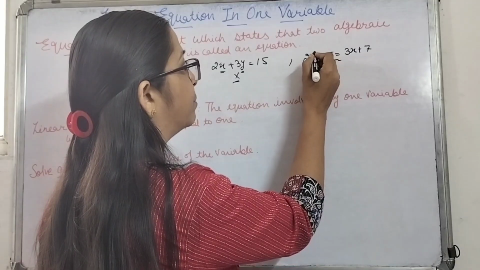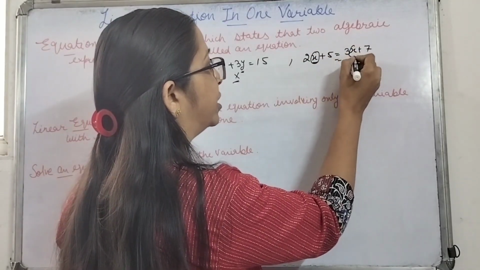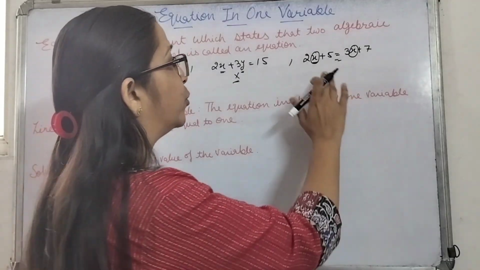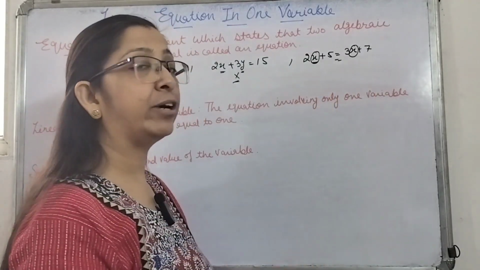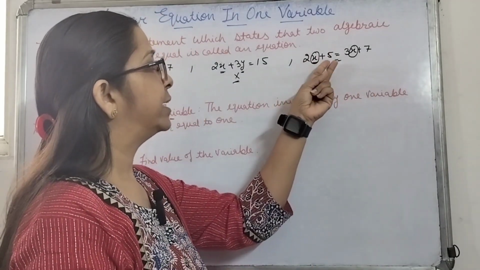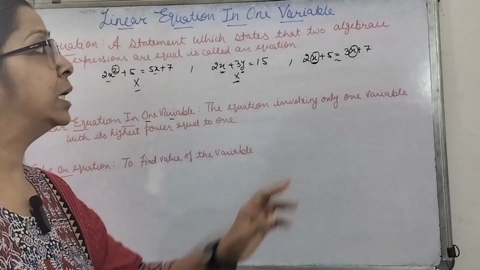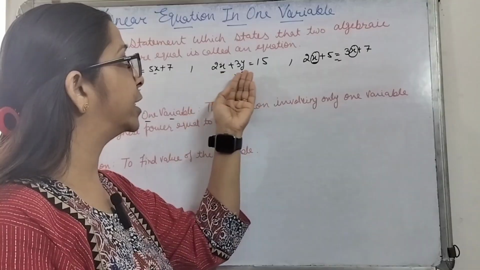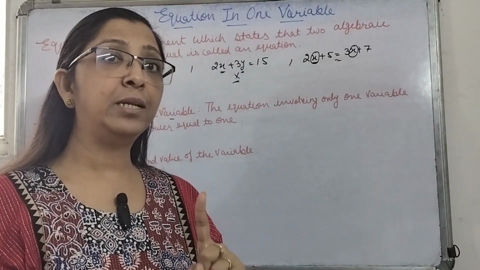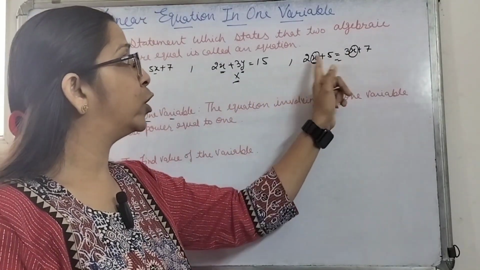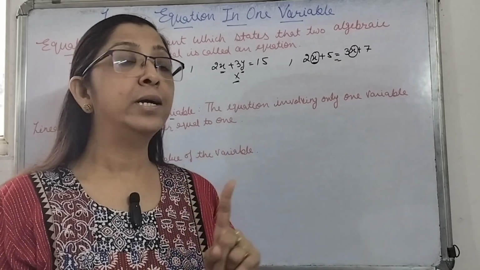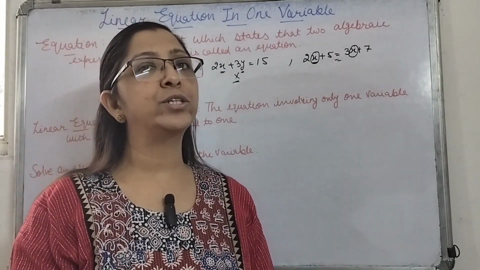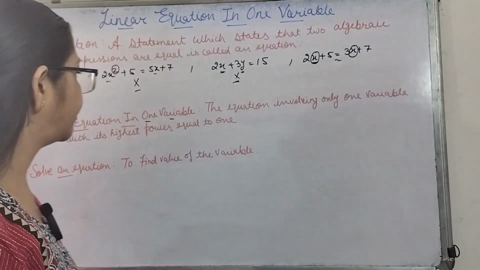Here it is 2x, power of x is 1. Here it is 3x, power of x is 1. So this is an example of a linear equation. And over here we can see that there is only one variable, which is x. That's the reason it is an example of a linear equation in one variable. So if in the equation there is only one variable and the highest power of the variable is 1, then such types of equations are known as linear equations in one variable.